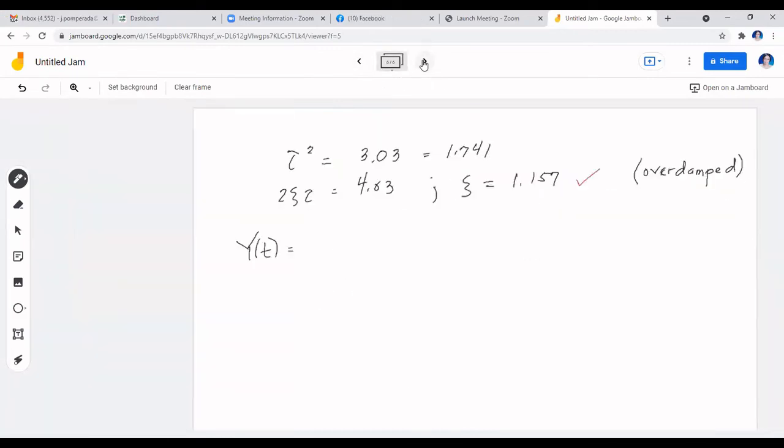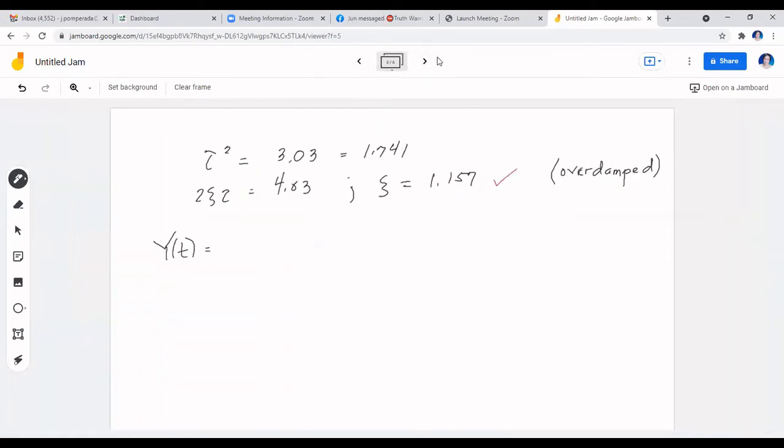So let me just give it to you here. So you have 1 over tau, 1 over square root of zeta squared minus 1 e raised to negative zeta t over tau hyperbolic sine of the square root of zeta squared minus t over tau.